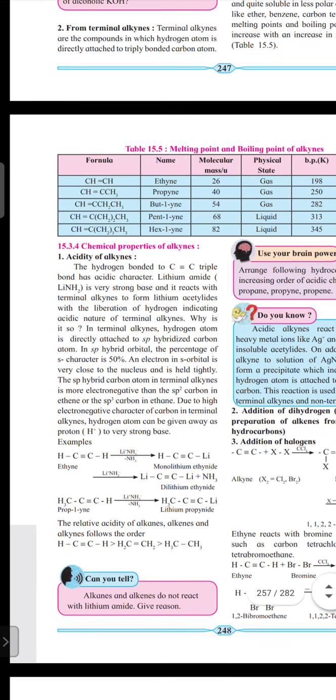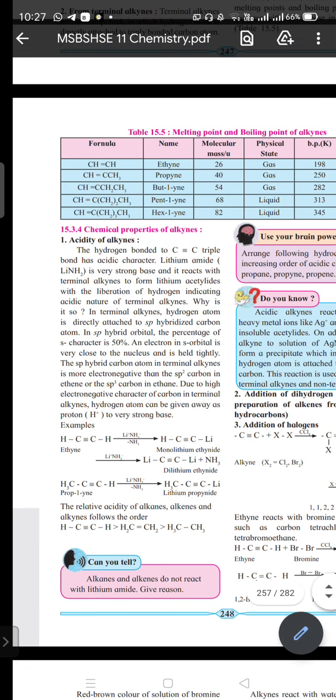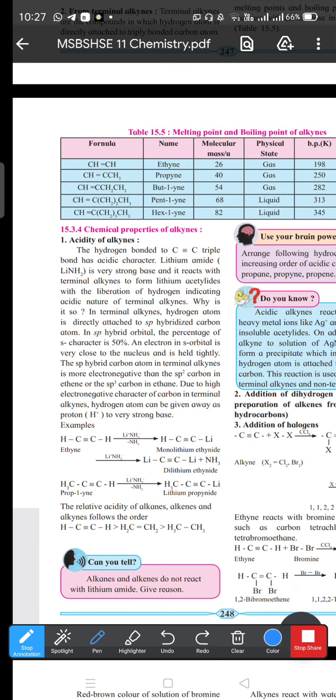When ethyne reacts with LiNH2, by loss of ammonia it gives HC triple bond CLi, that is monolithium ethynide, which can further react with LiNH2 to give LiC triple bond CLi along with ammonia. It is dilithium ethynide. Then propyne with LiNH2 gives CH3C triple bond CLi, that is lithium propynide.